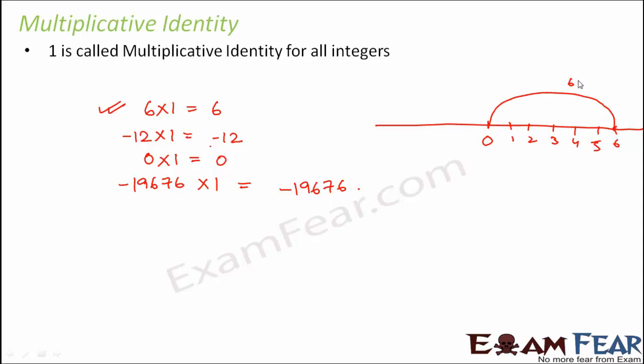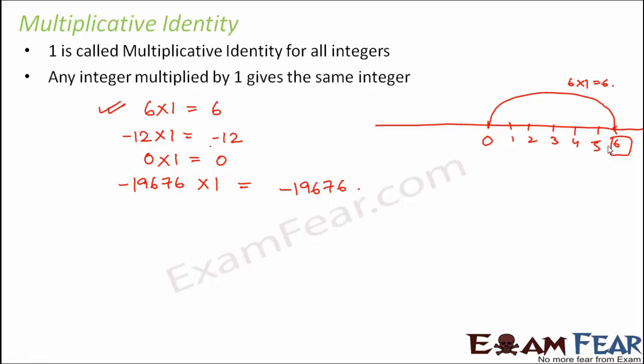So this would be 6 into 1, which is equal to 6. So any number you multiply with 1, it will reach the same number, and that is why 1 is called multiplicative identity, because it retains the identity of integers when it is multiplied with that integer. So any integer multiplied by 1 gives the same integer.